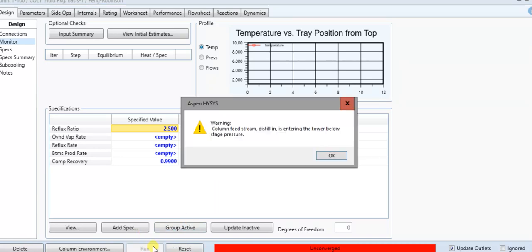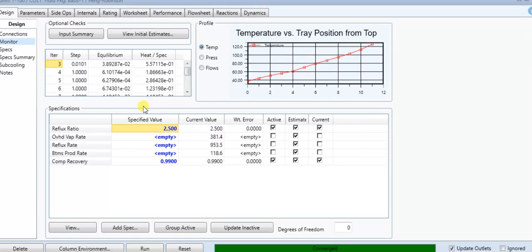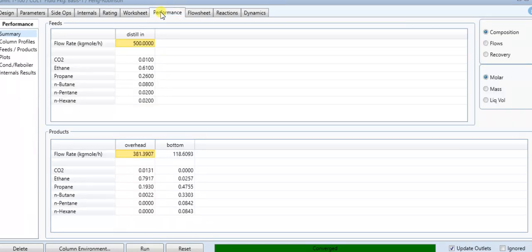This should run. Yes, it's converged. Look at performance. Bottom 300, overhead 81, bottom 118, and composition.